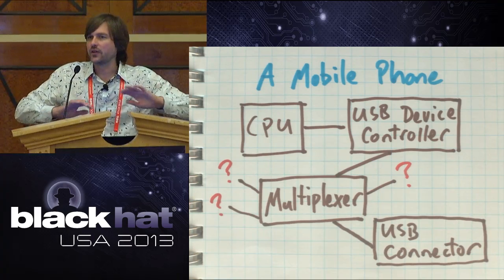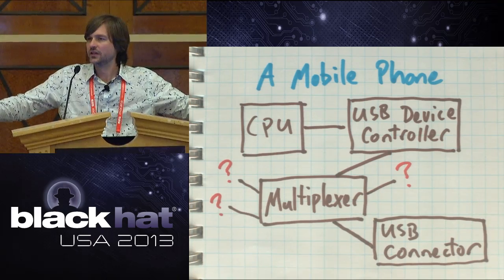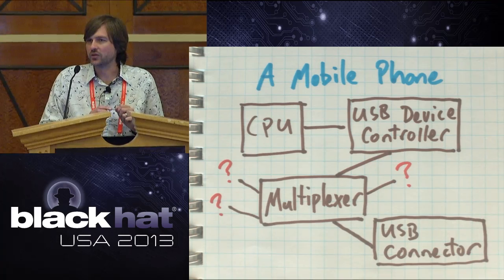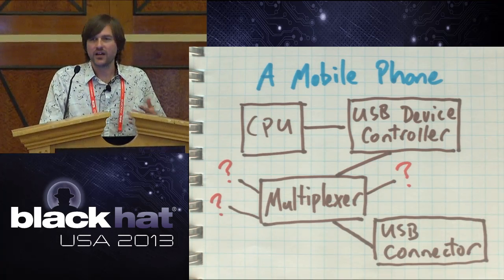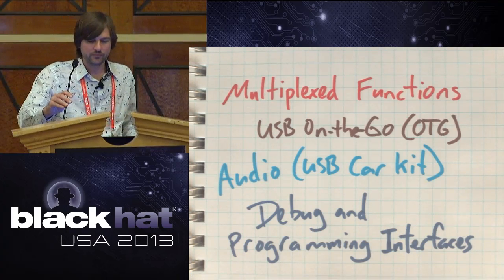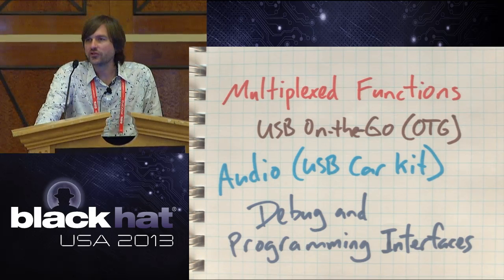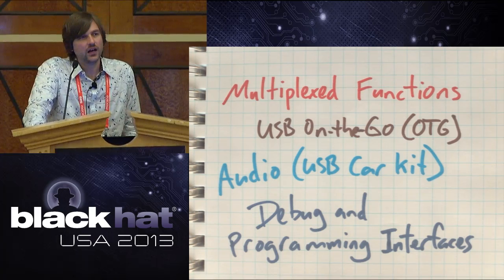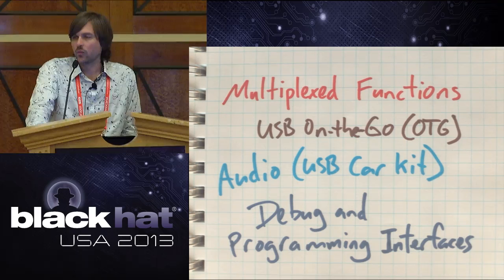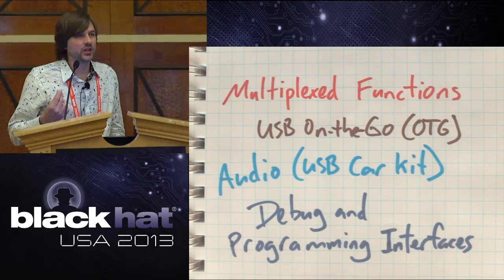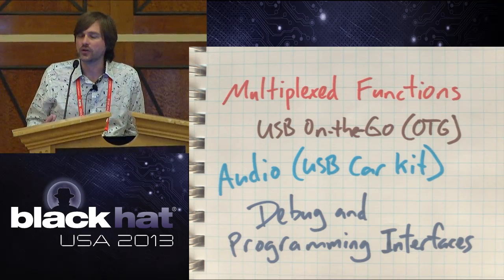But we've discovered that there is a much greater attack surface. USB is just one of the functions that you can reach from that USB port. And we're finding other things. In particular, the multiplex functions that are handled by that multiplexer IC that are commonly seen. One is USB On-The-Go, which is a way for it to automatically switch between host mode and device mode.